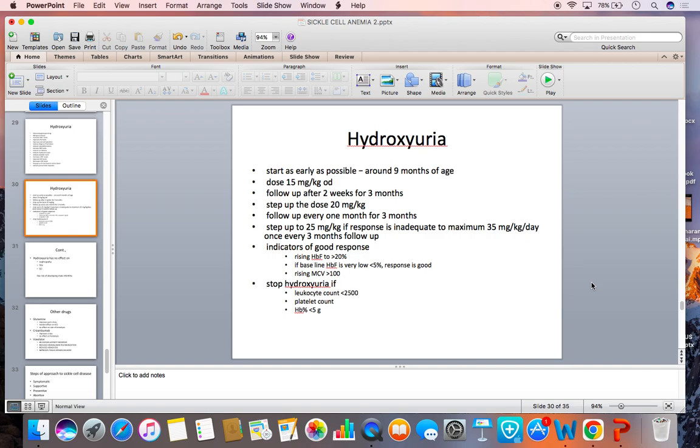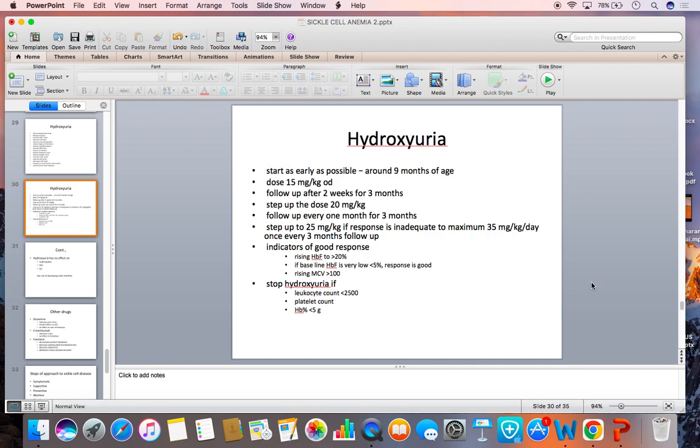What are the indicators of good response? Rising HbF level more than 20%. We have seen in so many patients. If baseline HbF is very low, that is less than 5%, the response will be good.